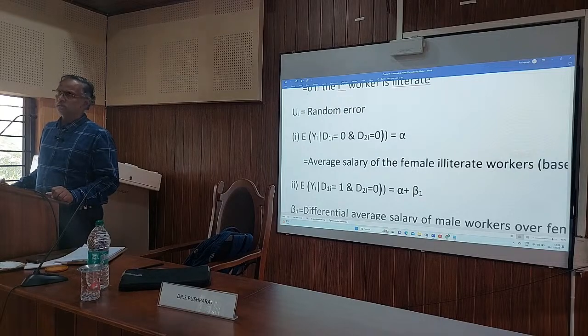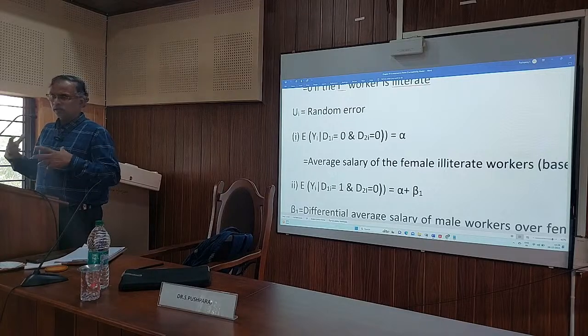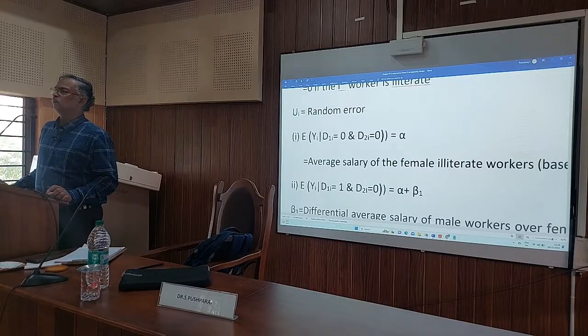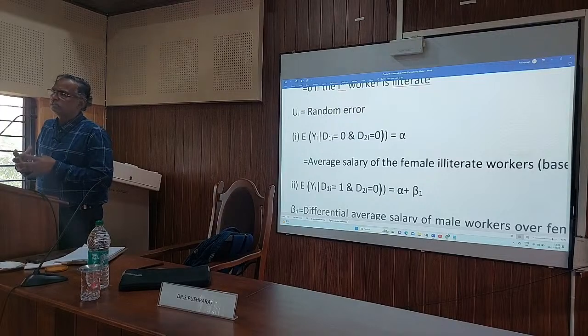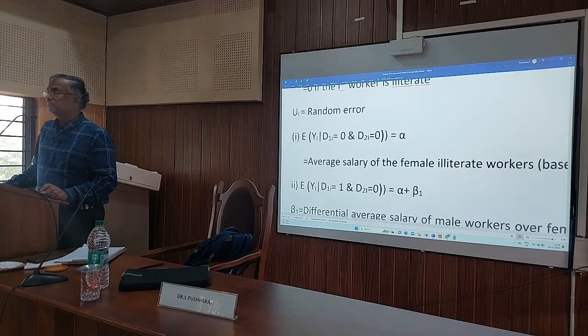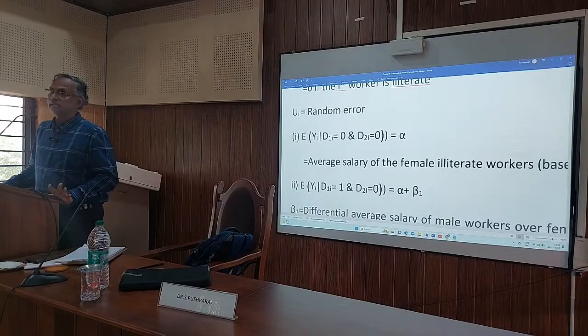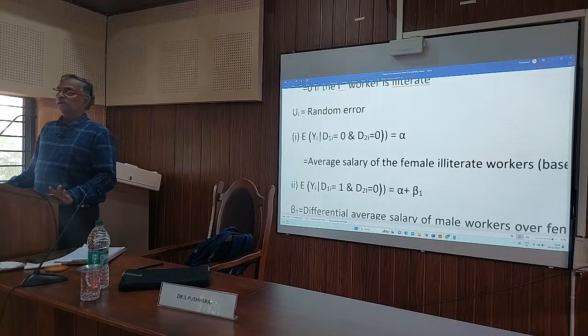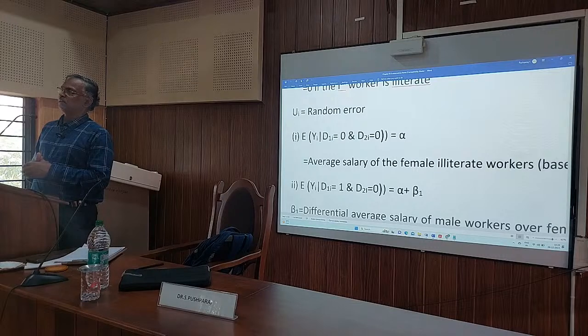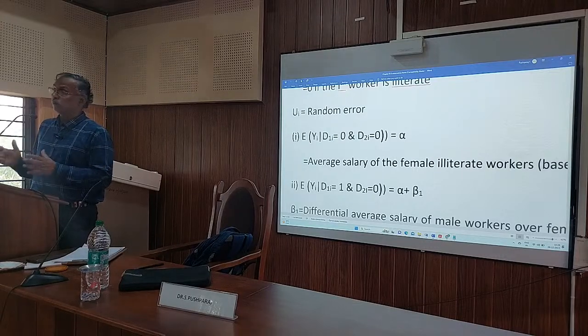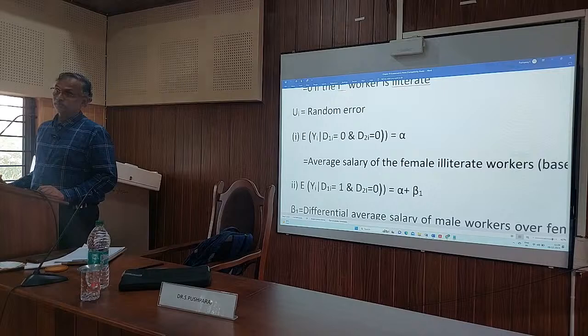If all the males are better educated than the females, on an average, not all, on an average, if the male employees are better educated than the female employees, the differences are sometimes due to the differences in their educational level, right? So you cannot attribute the entire difference as discrimination. So what should you do? Now you should, to confirm whether the social discrimination really exists, control for the effect of education, right?